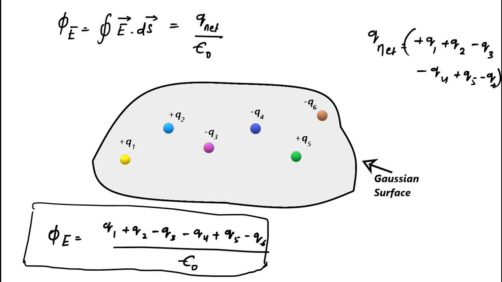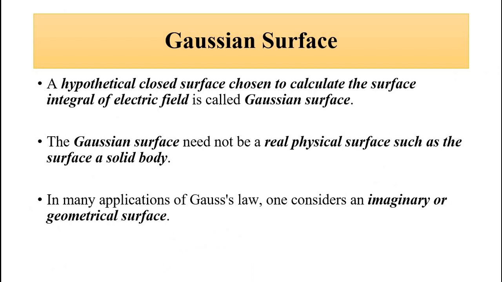It is applicable for any closed surface. So here comes the concept of what is a Gaussian surface. This concept is hypothetical. It is a hypothetical closed surface which is chosen to determine the surface integral of electric field.